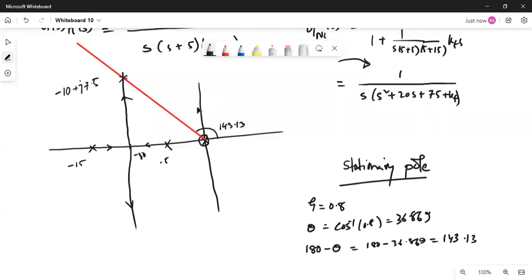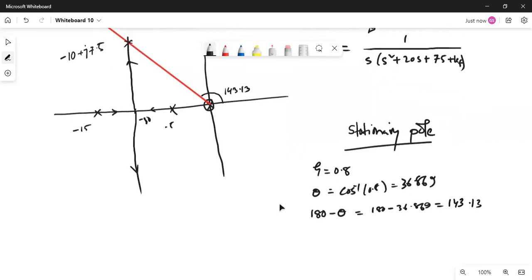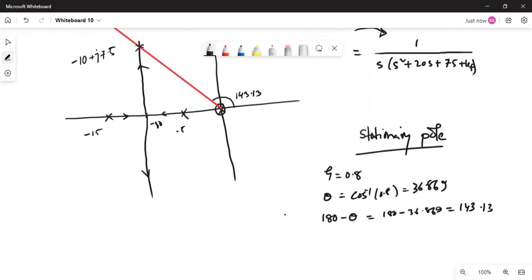From this we can also calculate, since our minus 10 is not changing, that minus 10 is basically minus zeta omega n, which is nothing but minus sigma. Already we know the value of zeta, so from that we can also find the value of omega n.